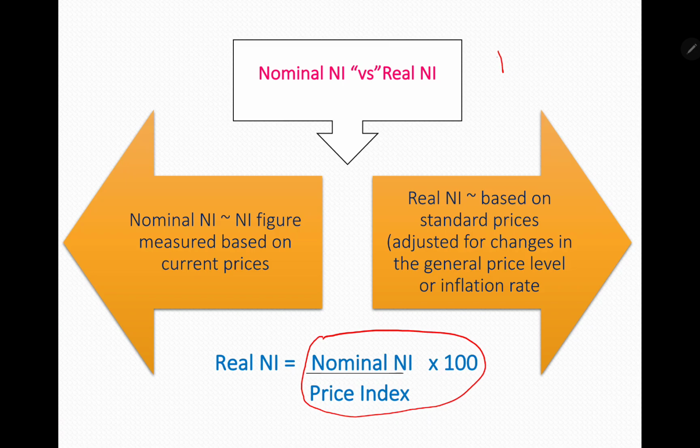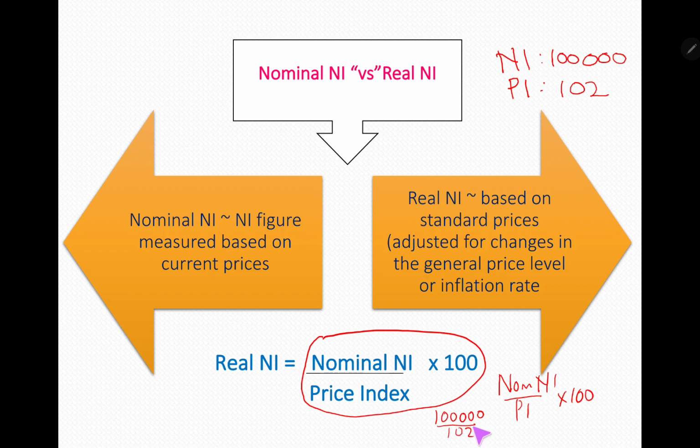So for example, your national income is, let's say, 100,000, and given to you your price index is 102. To calculate your real national income, you will take your nominal national income over price index times 100. So in this case, 100,000 over 102, times 100.